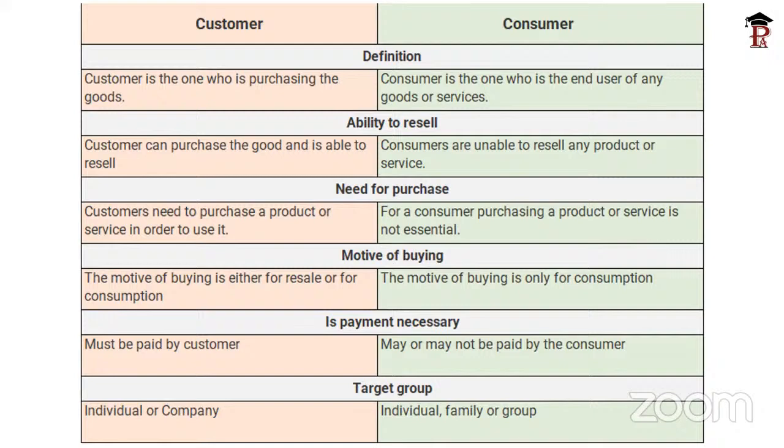Then the motive of buying is either for resale or for consumption. Now my mother has bought that body lotion. She may sell it to someone else, like a relative: I bought this, I didn't like this body lotion, so do you want to use it? You can pay me the amount it has on it. So she is able to resell that product.